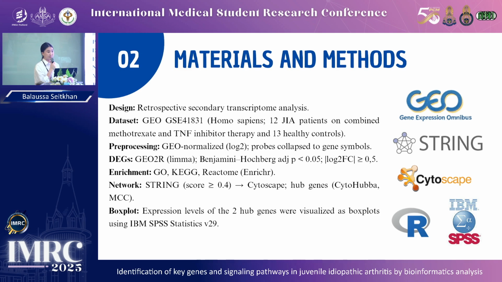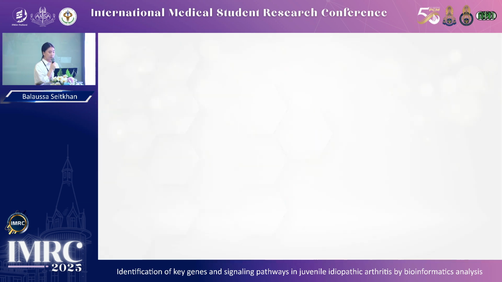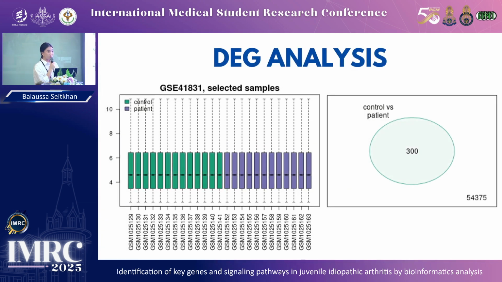But we should see the difference because you show the DEG, right? So we have to see the different number of genes expressed in the sample and the control. It should show the expression of the gene number in the sample and also the patient, and then we will see the overlapping that shows the DEG.